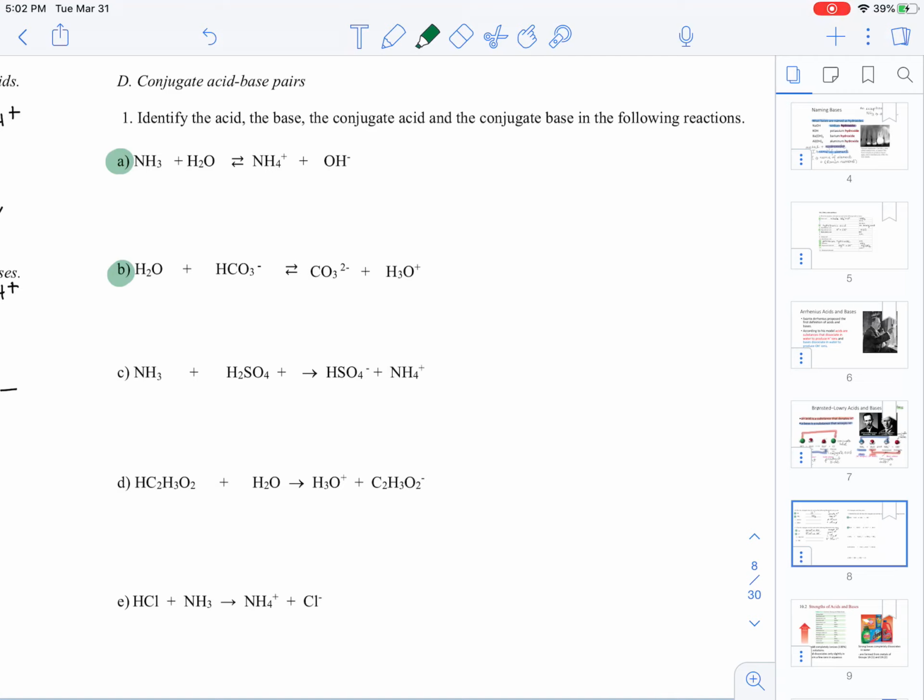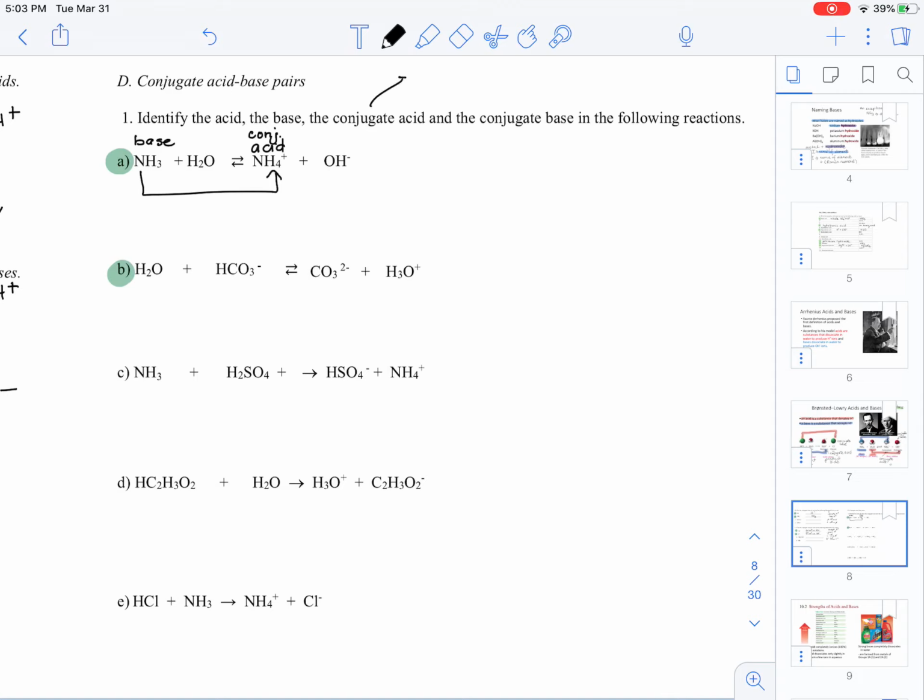And this is just to review, this was in the slide that we just discussed previously. But as you can see, NH3 gained a proton and became NH4 plus. That means that NH3 is acting as a base. And if NH3 is a base, that means that the molecule that resulted in the product side from that base gaining a proton is going to be the conjugate acid.